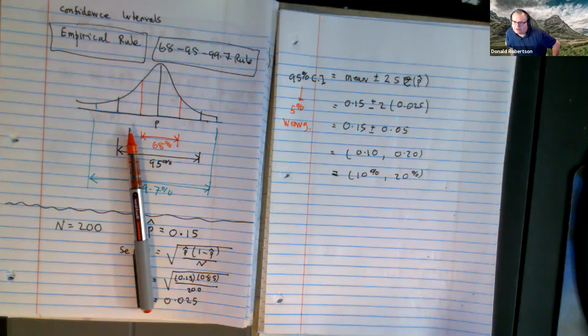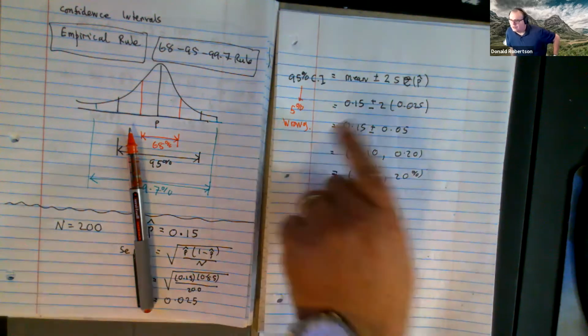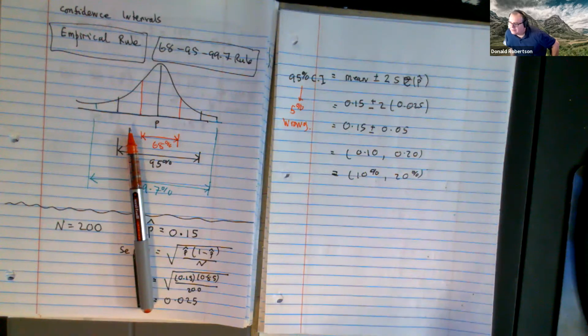Are you willing to gamble on something where you've a 5% chance of being wrong? Well, it depends on what you're gambling on. See if it was, do you like Pepsi? I don't care if I'm a bit wrong. Would you agree? I don't care if it's 10 to 20% or there's a 5% chance. I don't even have a clue, right? If it was to do with medical research, wouldn't you probably want that to be a better answer, right? A tighter answer.